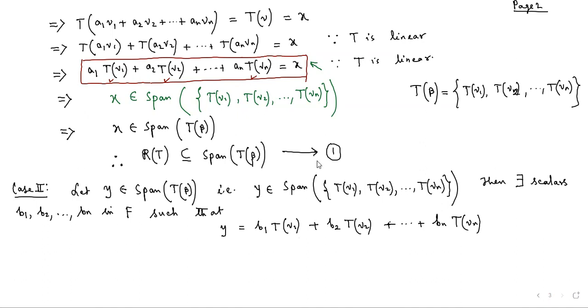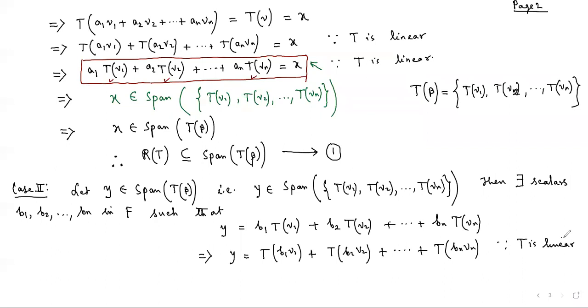Okay. And from this, it implies that we can write this thing as T of b1 into v1 plus T of b2 into v2 plus ... plus T of bn into vn. Why? Since T is linear.